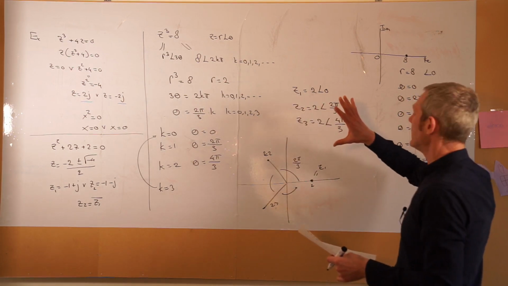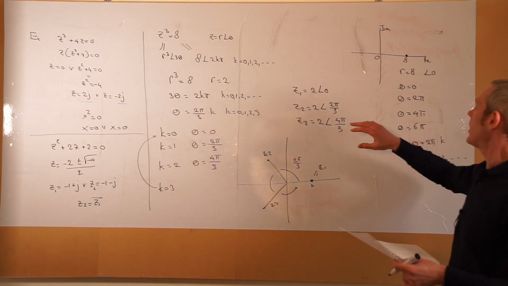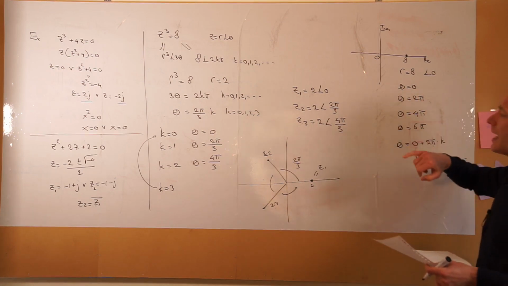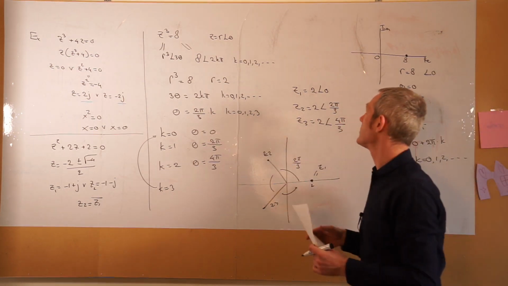Now, in a way we were lucky because the initial angle here was 0, so we just add 2 pi times k.